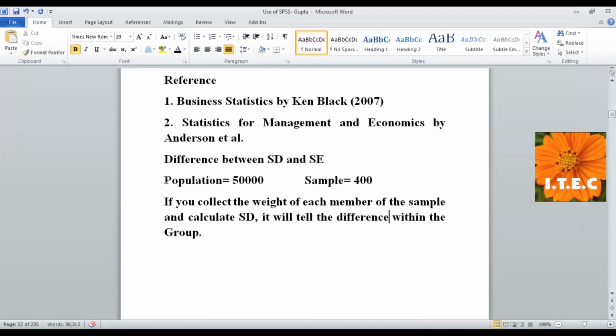Now, from a population of 50,000 and a sample of 400, how many samples can you have?